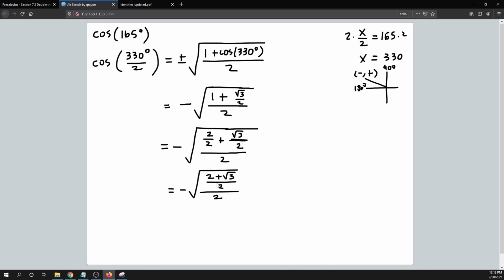Now I want to do the division. I have 2 plus square root 3 over 2 divided by 2, and then all of that divided by 2. Remember, you can rewrite this as a fraction, and that really should be underneath that root, just to be clear.